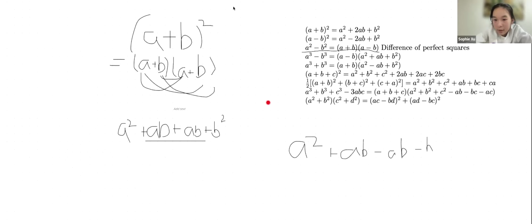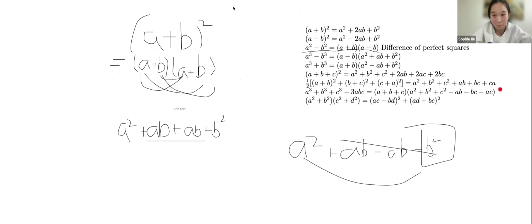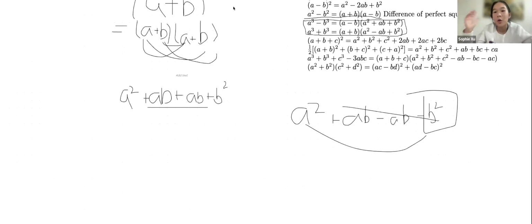Since the two middle terms cancel out, it's just a squared minus b squared. Does that make sense? You can also prove these by expanding the right side, but I'm going to expand your knowledge a bit more.